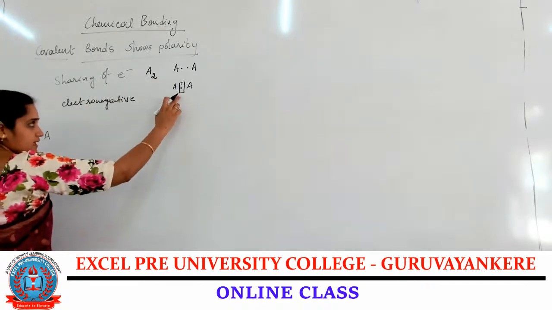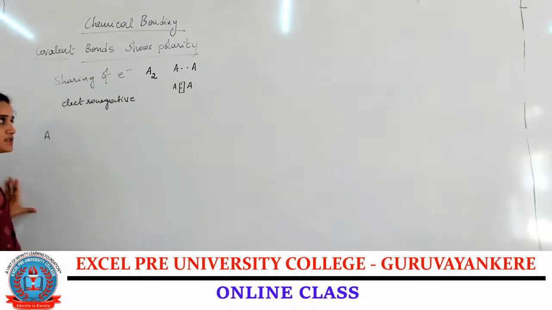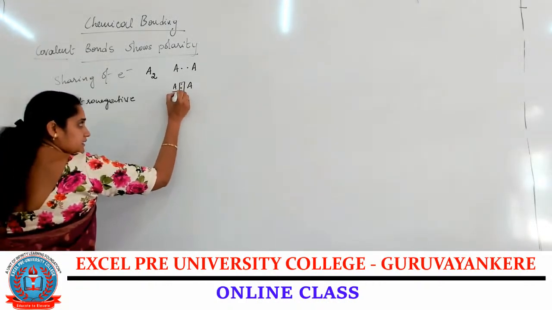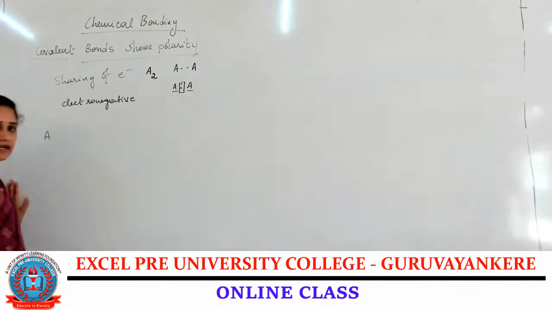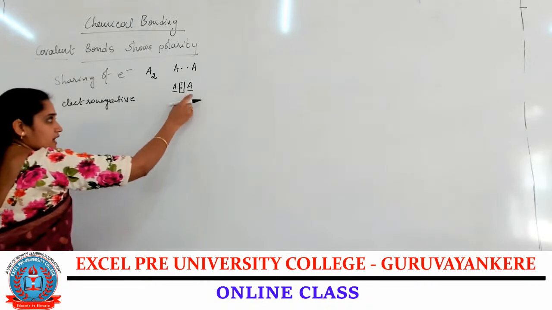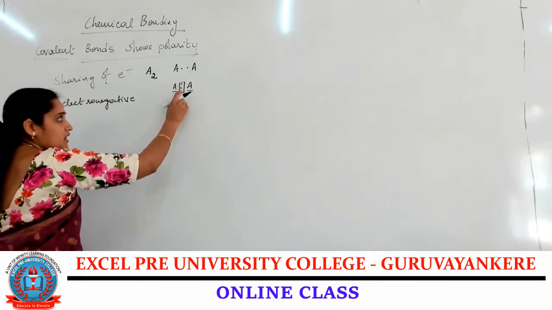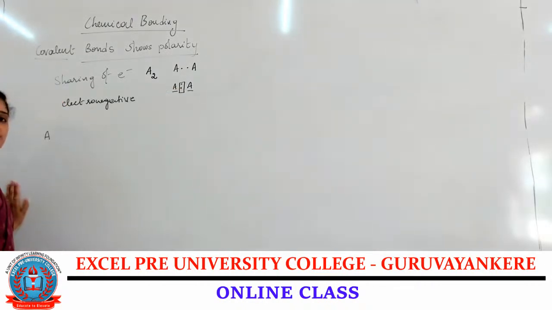In this example, the shared pair of electrons is present between the atoms. Here, A is similar to the other A atom, so the electronegativity values of these two atoms are similar, and the shared pair of electrons is present at the mid of the two atoms.